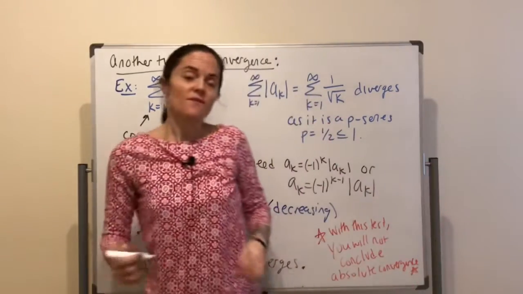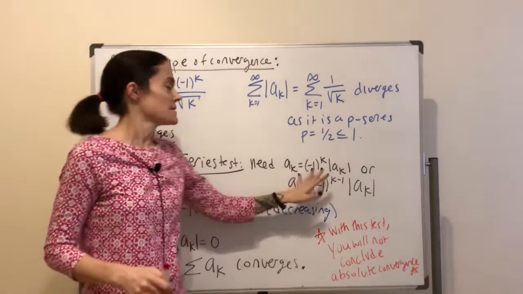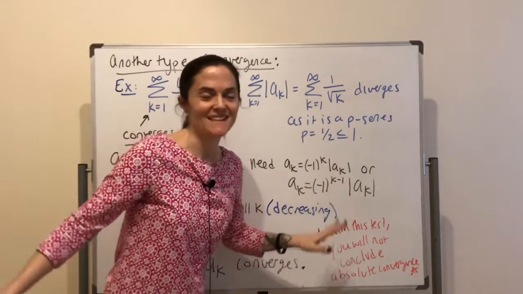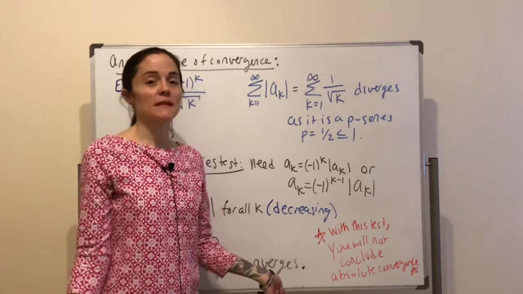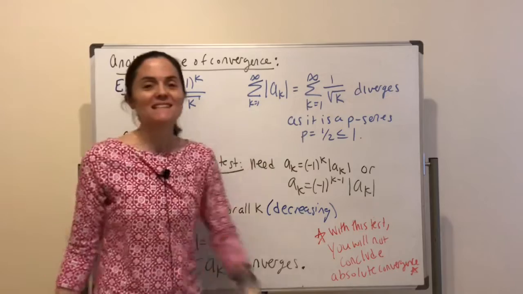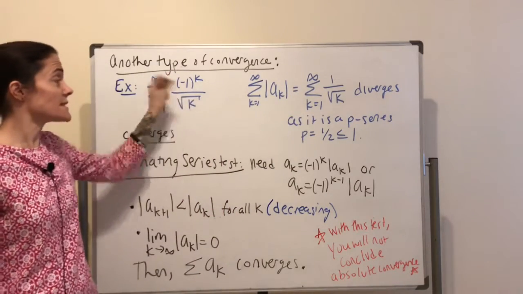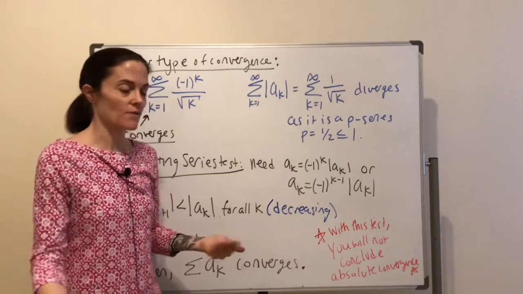Maybe the series converges absolutely. Maybe it does. Not this one, but some alternating series you are handed. Maybe it converges absolutely, but this test, the alternating series test, is not going to be the test that tells you that. This test only tells you if the series itself that is alternating converges or diverges.